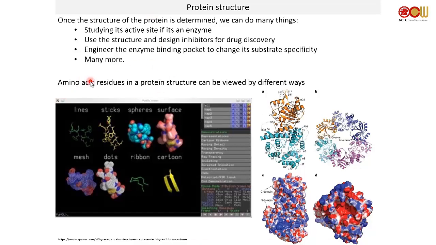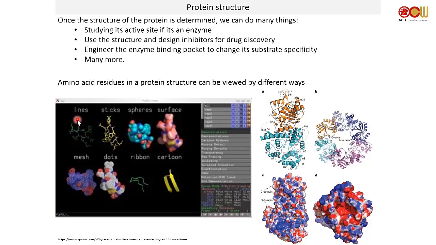Amino acid residues in a protein structure can be viewed many different ways. Now, these are just computer softwares that help us to visualize your protein. In reality, your protein will look more like your surface, so it's like a glob. But a glob structure sometimes is not useful for us because sometimes we want to see the inside of the protein.